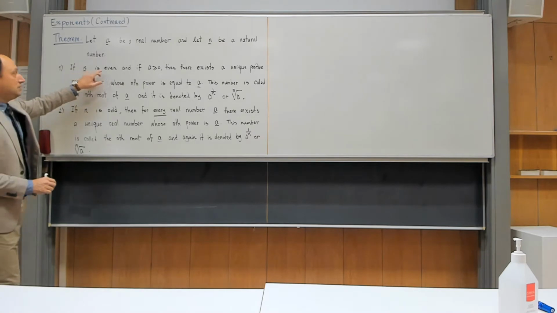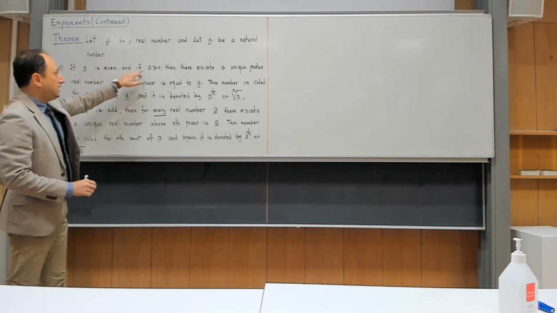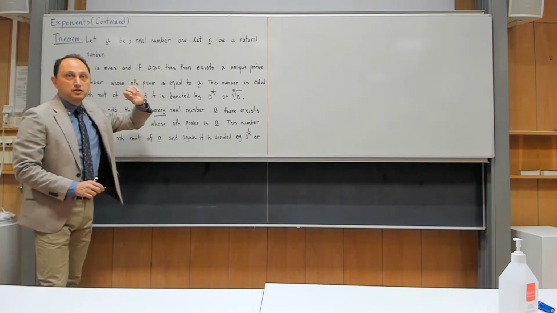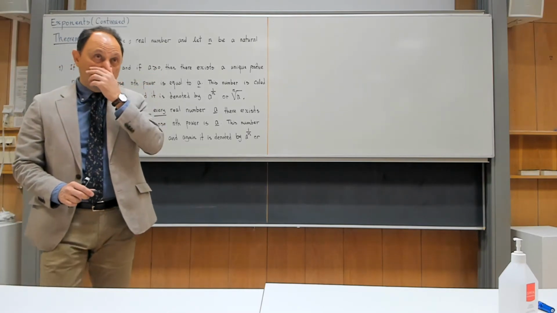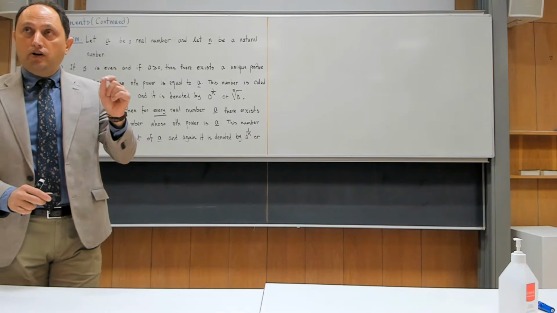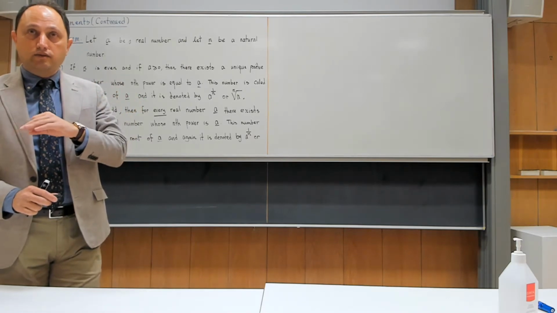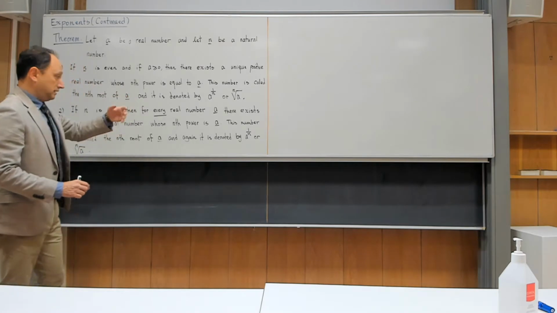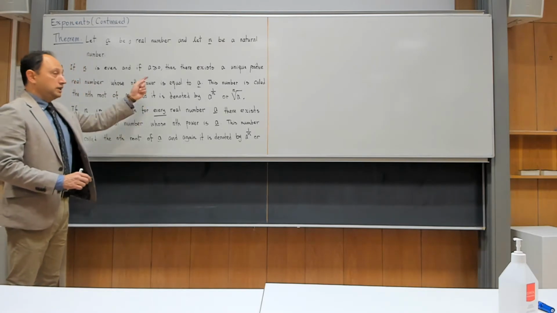If n is even and if A is non-negative. By the way, when I say non-negative, it is different from saying positive. 0 is neither positive nor negative. So when I say non-negative, it means greater than 0 or equal to 0.